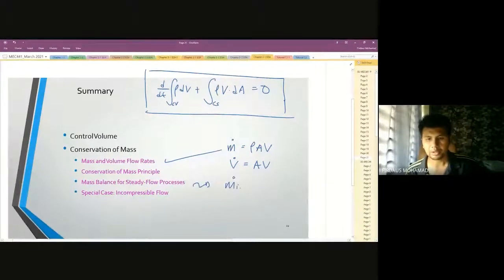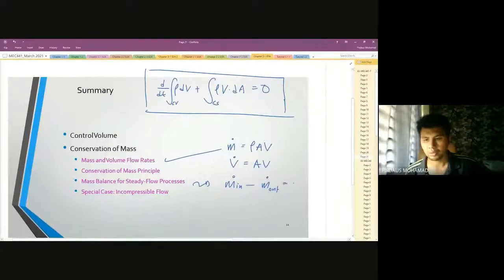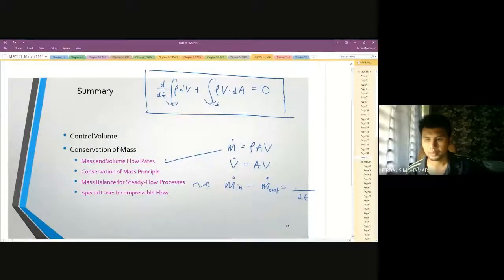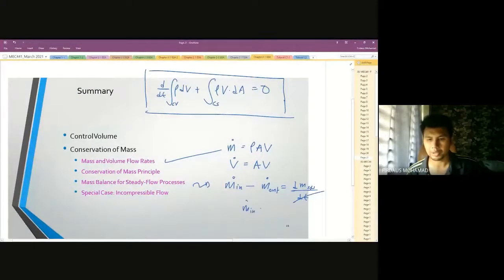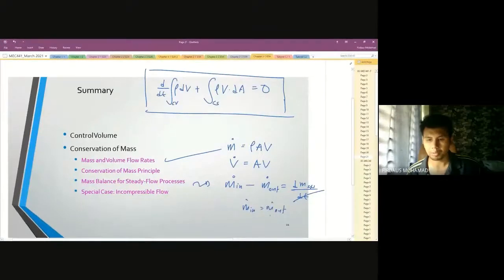Mass in tolak mass out equal to dm system over dt. Okay. Inilah mass balance. So maknanya kalau steady, yang ni tak ada, dapatlah m dot in sama dengan m dot out.